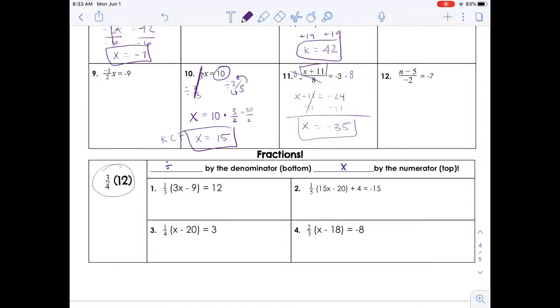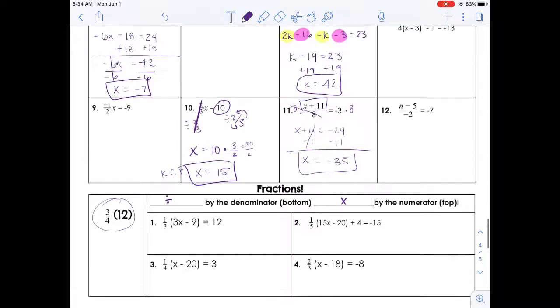So for this one over here, we could do 3 times 12, which is 36, and then divide by the bottom of 4 and get 9. Okay, we could also switch it up and divide first. So we could say 12 divided by 4 equals 3 times the numerator of 3, which is 9. Either way you do that, it's going to give you the same answer, whatever you're comfortable with.